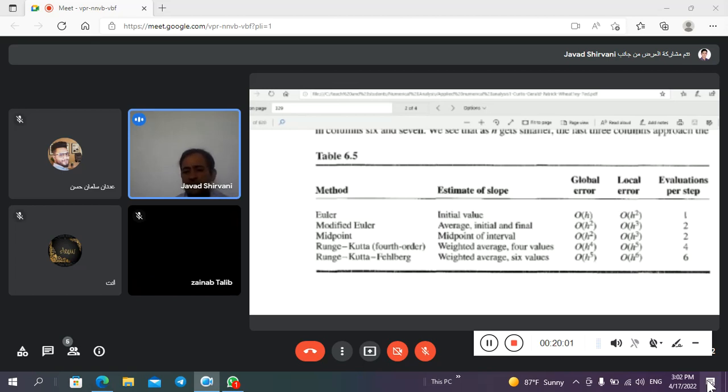Finally we have the Runge-Kutta-Fehlberg method, which you can see is very complex and much more complicated when compared to Runge-Kutta of the fourth order, or compared to the Euler one, but we get more accurate solutions of O(h^5) for the global error and O(h^6) for the local error.